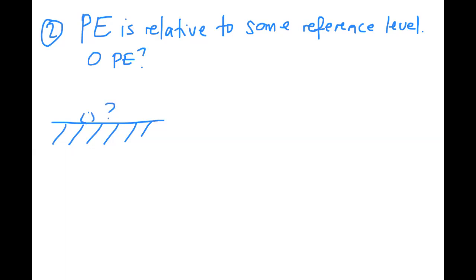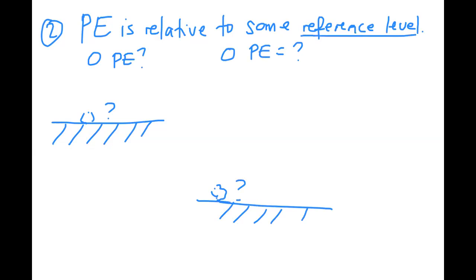Or maybe my surface is here and the object is here, and I ask what is the potential energy here with respect to somewhere here. So it has to be with respect to some reference level.